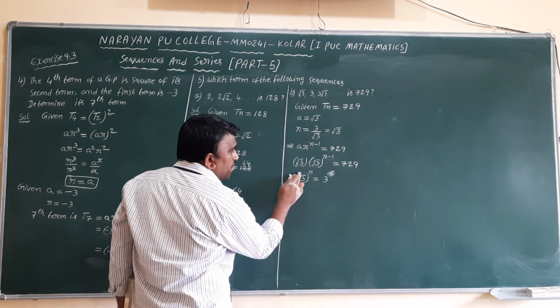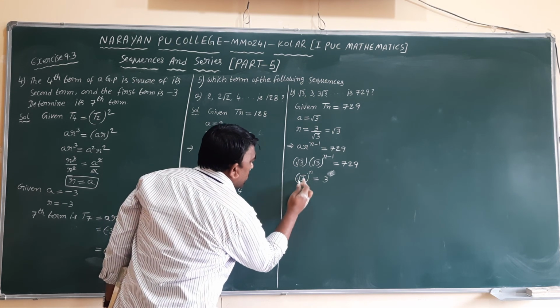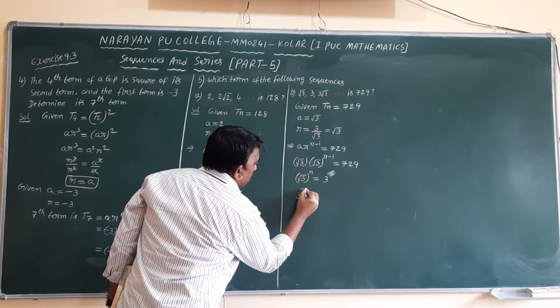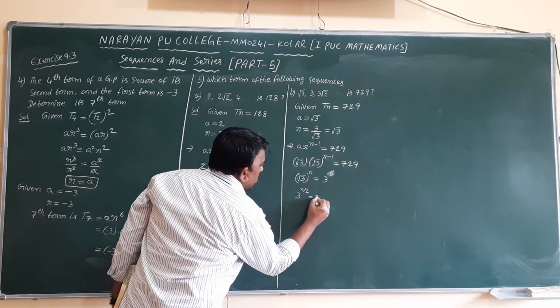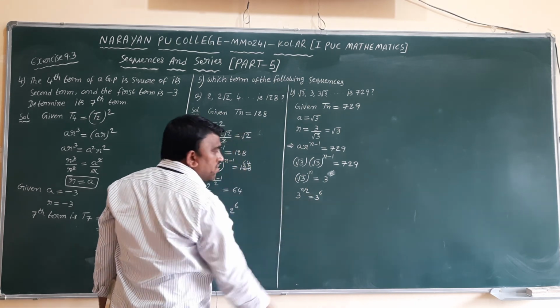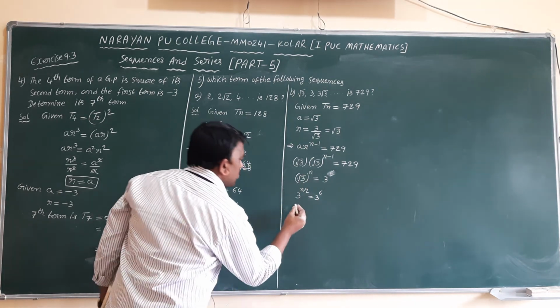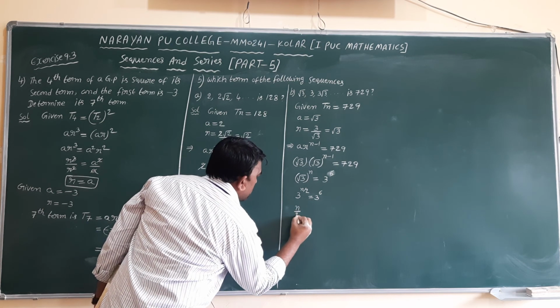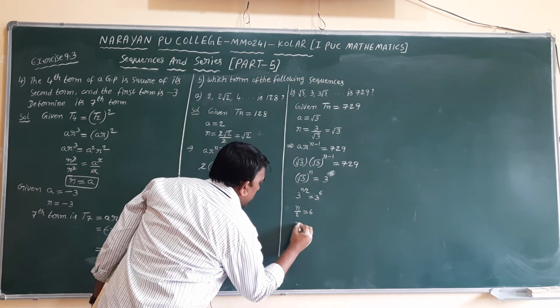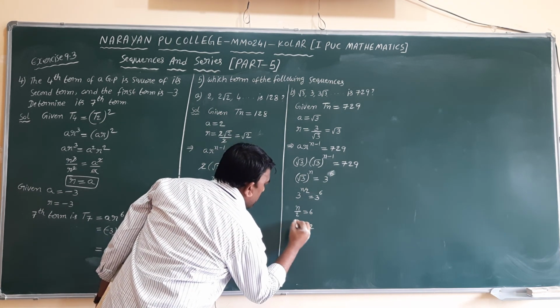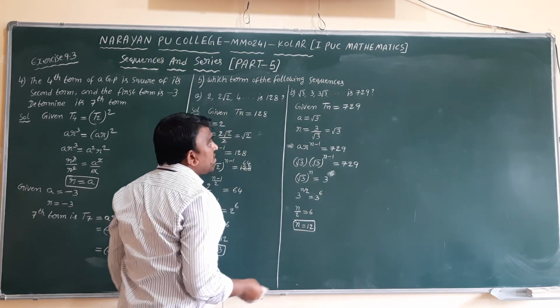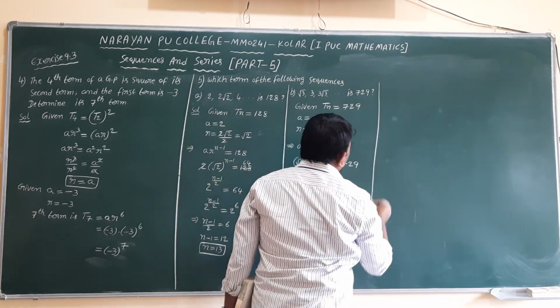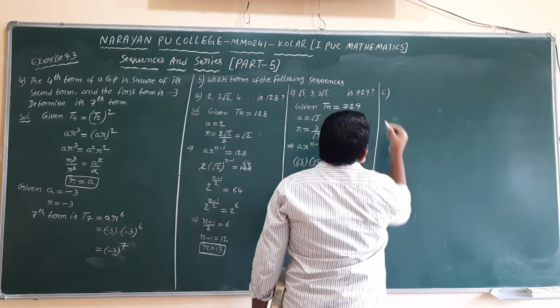Root 3 we can write as 3 power 1 by 2. 3 power 1 by 2 into n by 2 is equal to 3 power 6. Both sides bases are equal, powers also equal. N by 2 equal to 6. Then n value is 6 into 2, 12. So the 12th term will give 729.